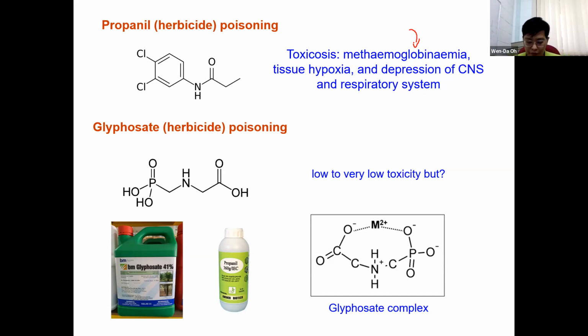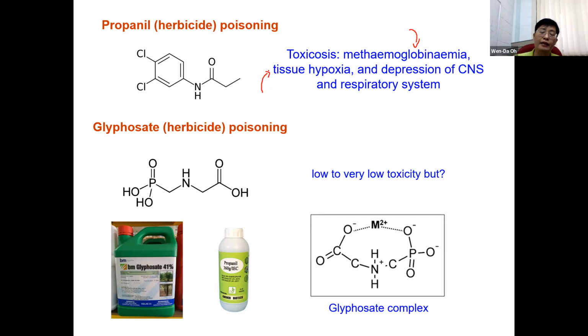Okay, so this causes the red blood cells to be unable to carry out respiration properly, which means that the transport of oxygen and carbon dioxide is very difficult, right? So when you have this kind of effect, your red blood cells cannot function properly. So it causes something called tissue hypoxia, okay?